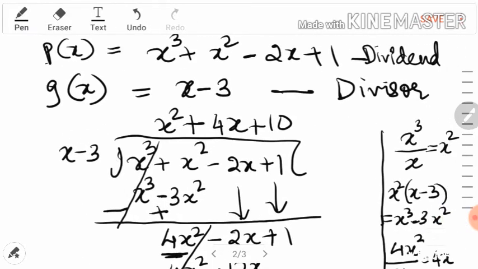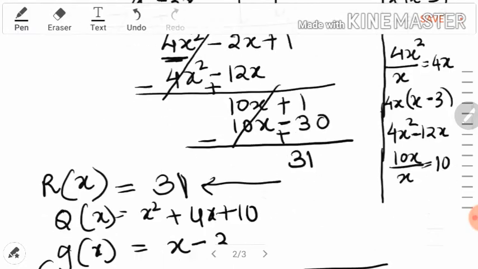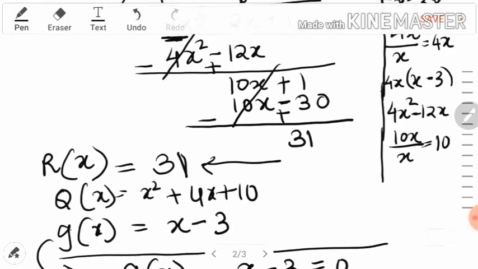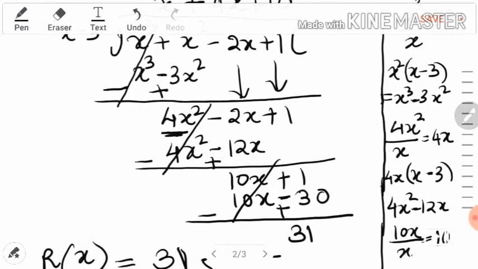In the previous example, x minus 3 is the divisor. When we equated the divisor to 0, we got x equal to 3. So here our number a is 3. According to the theorem, x minus a becomes the divisor.